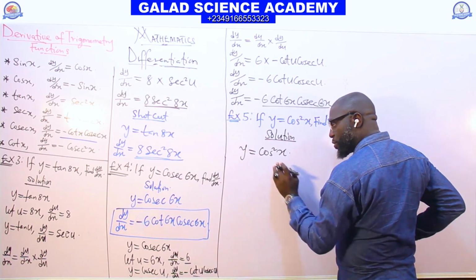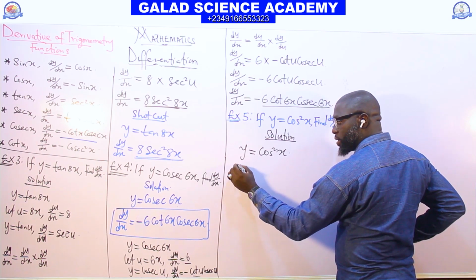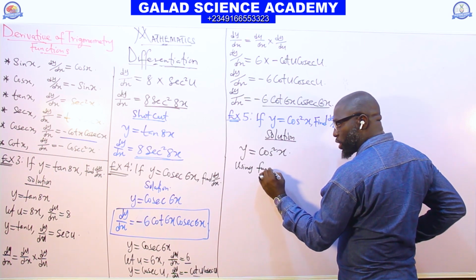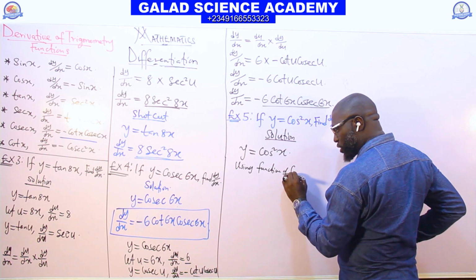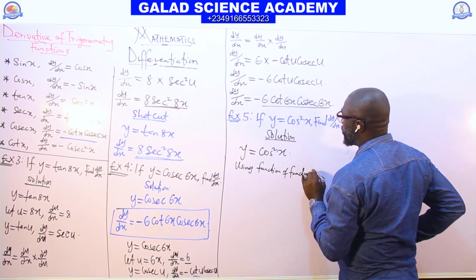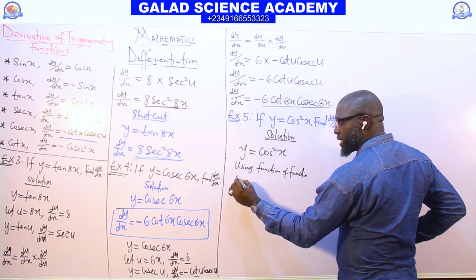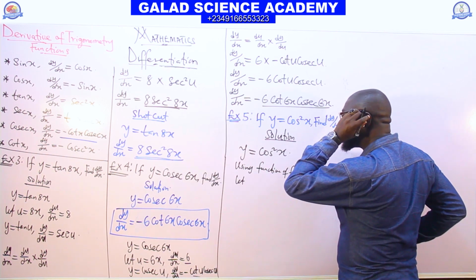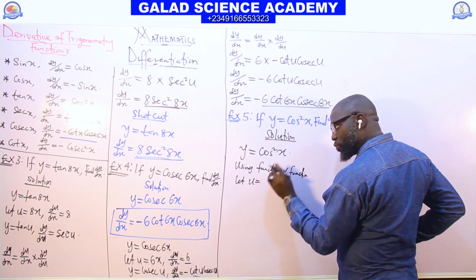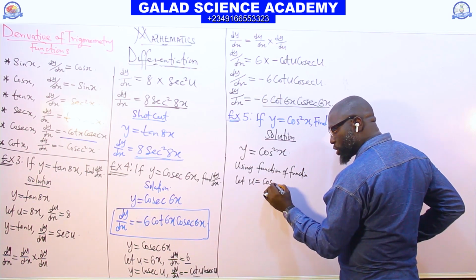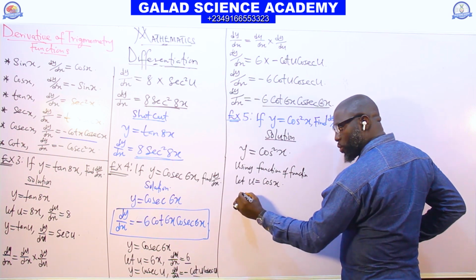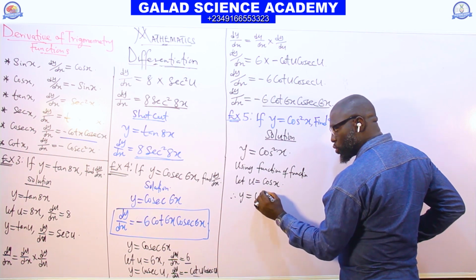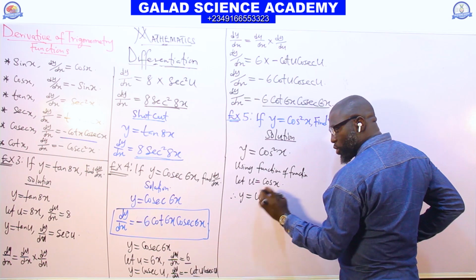So the first one, let us use our first method, which is function of function. We can also call it chain rule. So for this kind of question, let u equal cos x. Then therefore y will be equal to u squared.